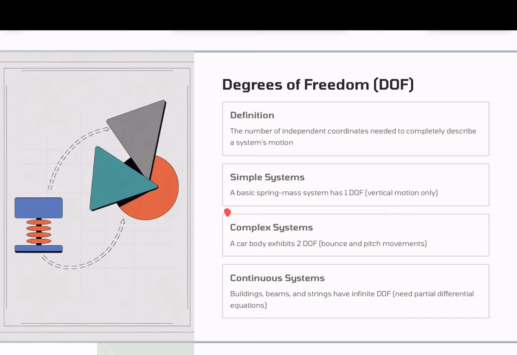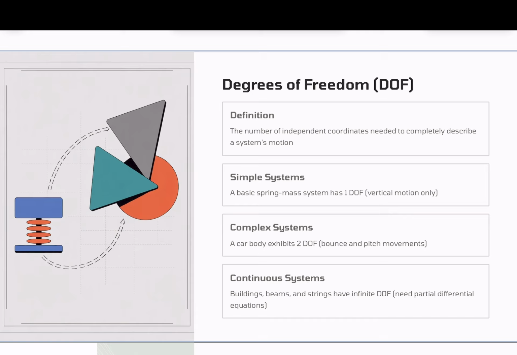Okay? A more complex system, like a car body, can bounce up and down, okay, and at the same time it pitches forward or backward. That means it has 2 degrees of freedom. Okay. There's also the continuous system. Systems like beams, buildings, or strings have an infinite number of degrees of freedom. Why does it have an infinite number of degrees of freedom?